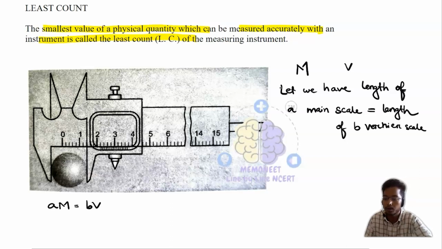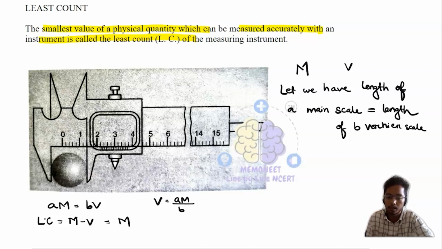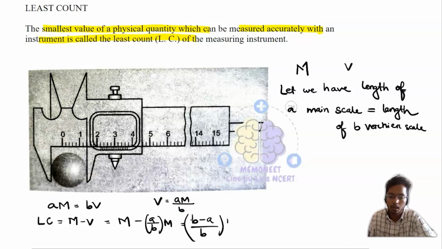So to find out the least count, the least count is equal to main scale reading minus vernier scale reading, that is m minus v, and we can represent v as a m upon b. So this is equal to minus of a upon b whole into m.